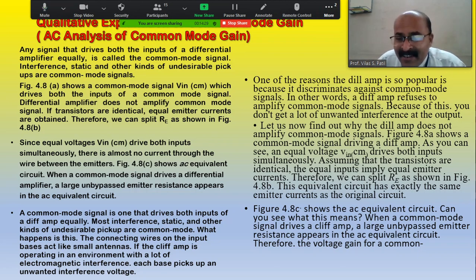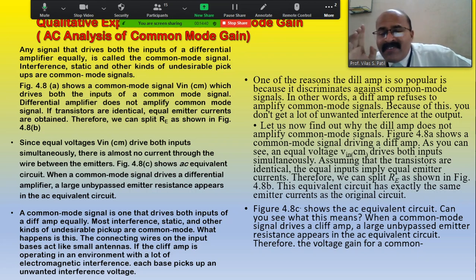We know that in a transistor, the base-emitter voltage is amplified at the collector. What is the basic function of the transistor? It amplifies the signal which is connected between the base and emitter.